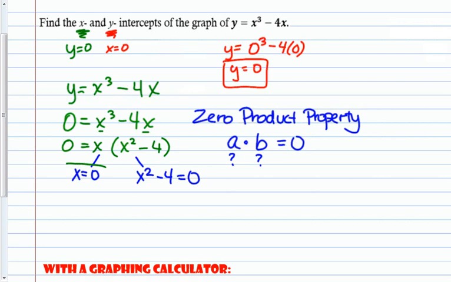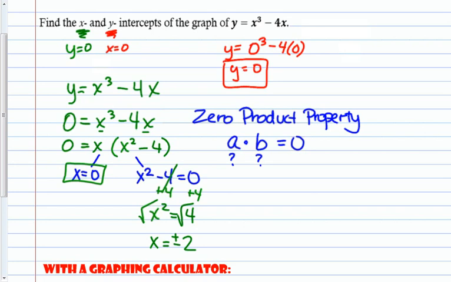Okay, so this is final. But over here, we're going to add 4 to both sides. x squared equals 4. Got to get rid of the square. By square rooting, I get rid of the square. So now I have x equals 2, but technically plus or minus 2.